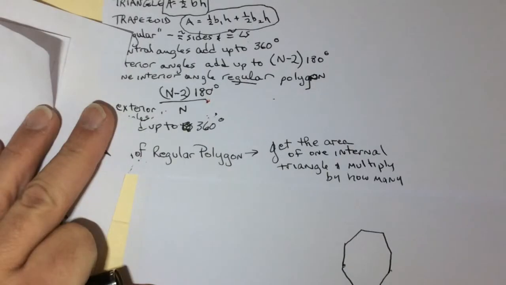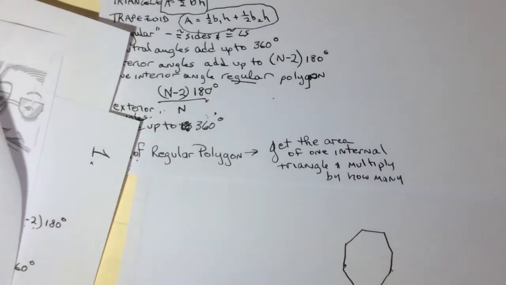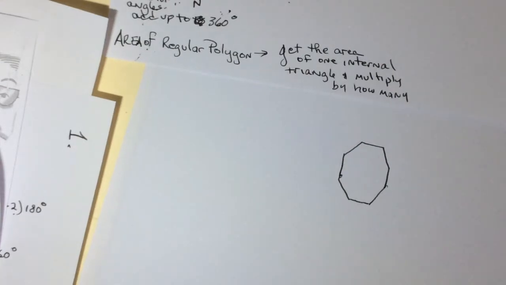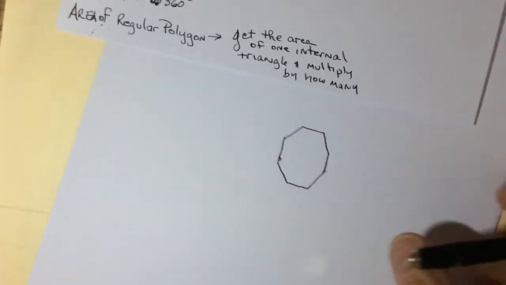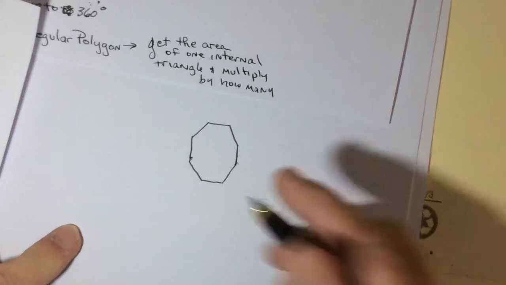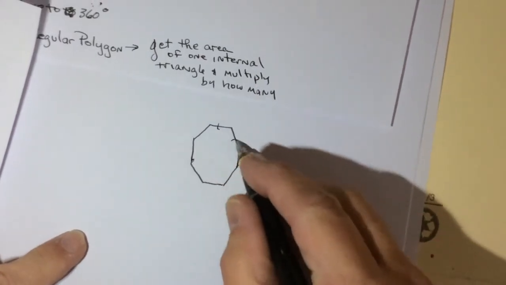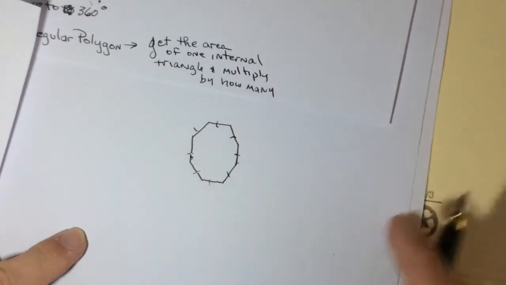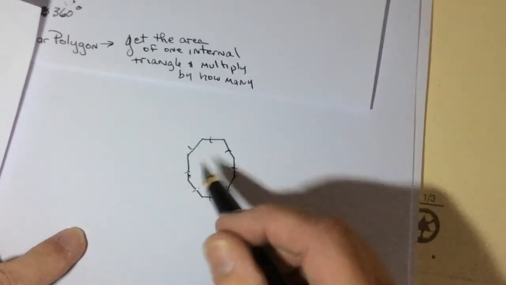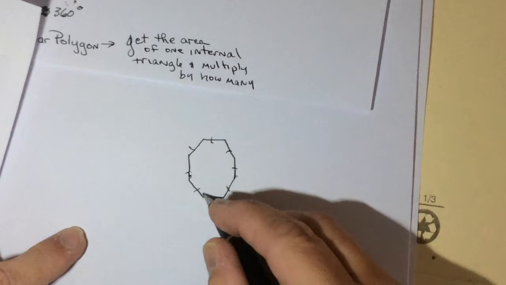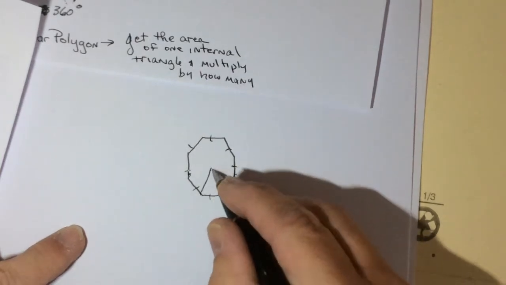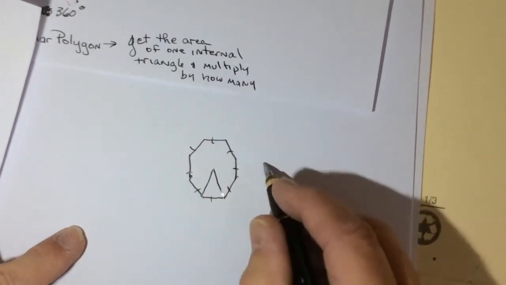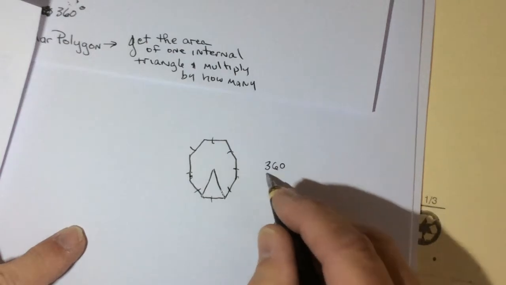Let's take an octagon, and let's just pretend that that's a regular octagon, that all of the sides are equal, all of the angles are equal. I have 1, 2, 3, 4, 5, 6, 7, 8 sides. To get one central angle, I'm going to have to take 360 degrees and divide it by 8.